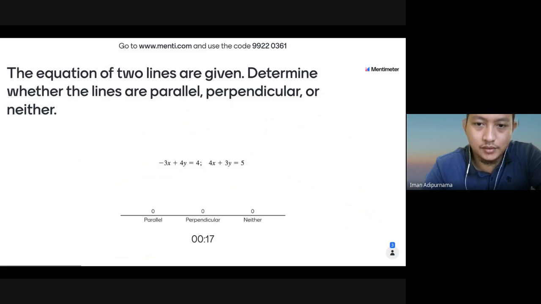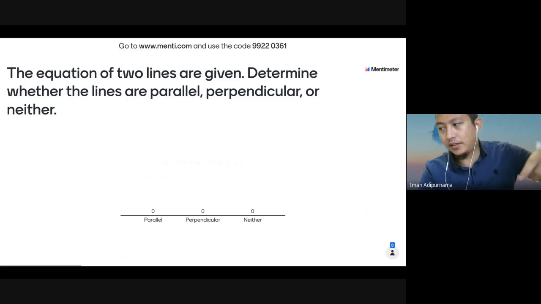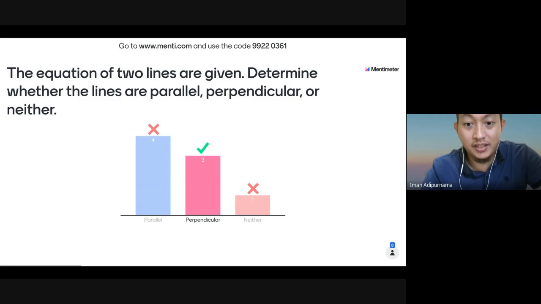Okay, it's on the 20, 15, 14, 13, 9, 8, 7, 6. Everyone's voted. All right, it's perpendicular. If you multiply the slopes, it will be negative 1.